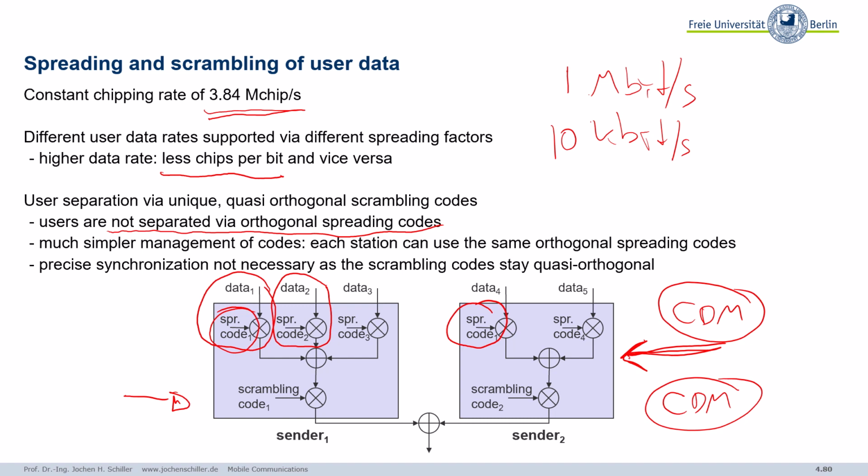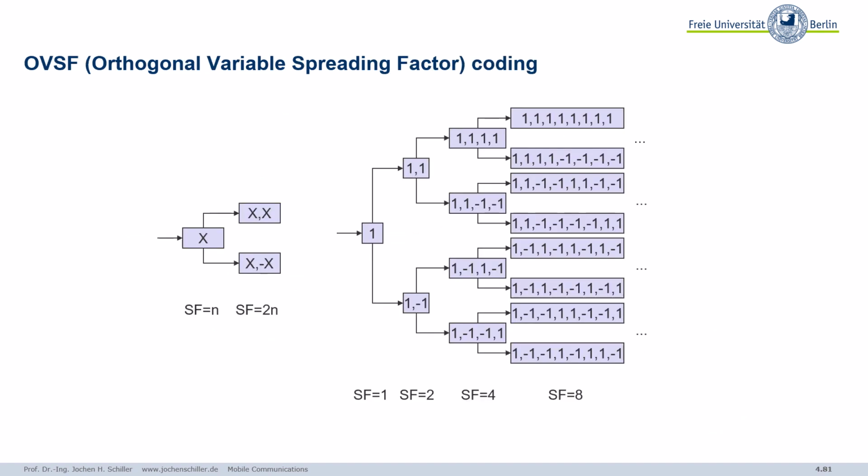Now, how to get the spreading codes? UMTS uses a very simple scheme for that. UMTS uses the so-called orthogonal variable spreading factor coding. What does that mean? You construct a code tree in the following way.